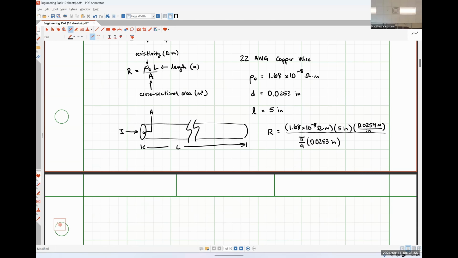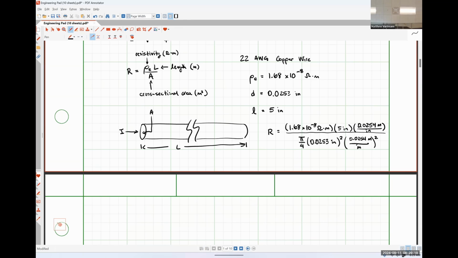Oh, no, that's just a coincidence. I'm just dumb. It's too early in the morning and I haven't had enough coffee. My bad. Okay. So squared, and then times 0.0254 meters per inch. And then we need to square that conversion factor.